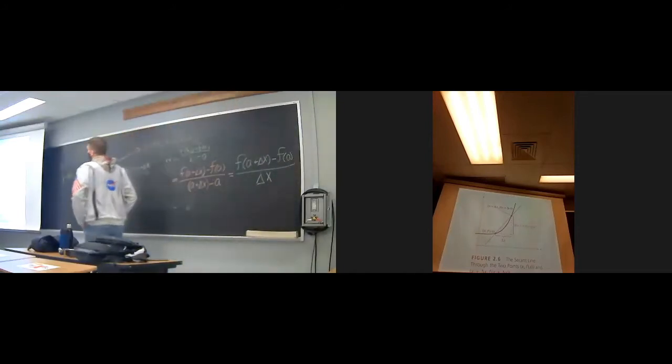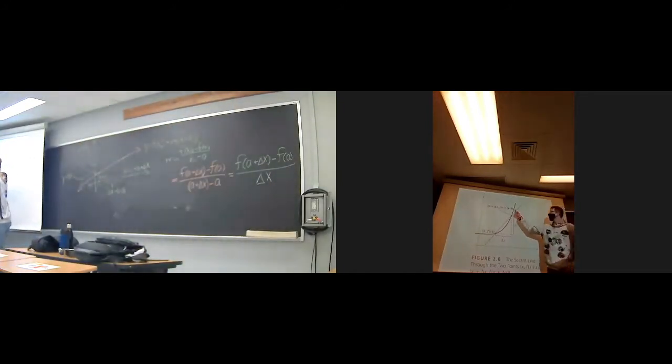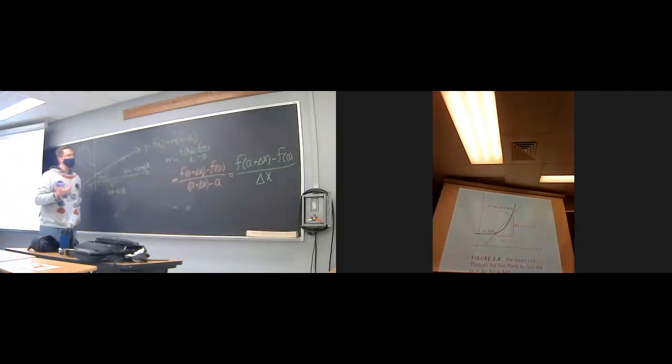All in all, it's the equation for the secant line, right? The change in y is represented as f of x plus delta x minus f of x. The change in x is represented as delta x. So that's going to be our slope, right? And the point slope formula is going to give us the equation of that line.